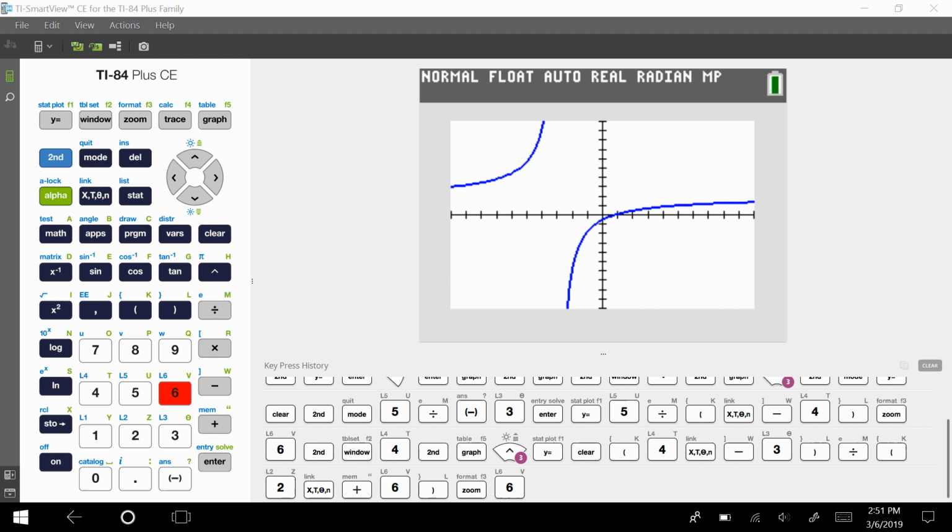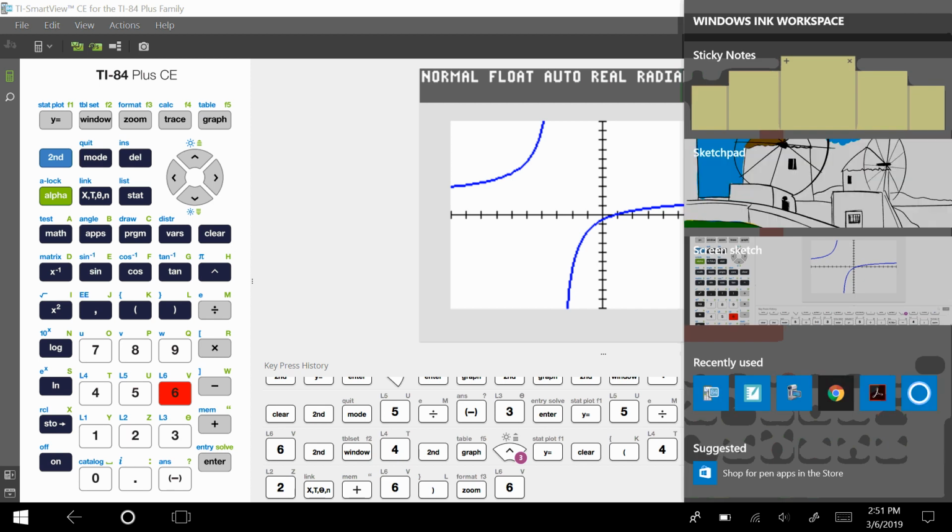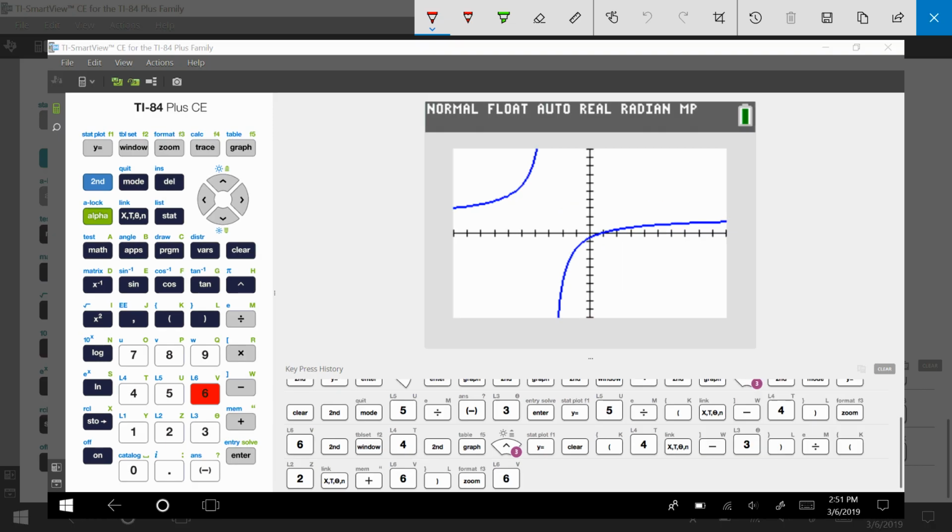Now, as you're looking at it, if I asked you to draw a horizontal asymptote, like ours was at 2, that's where you'd try to draw it. Well, remember, that's at y equals 2. We already found that.